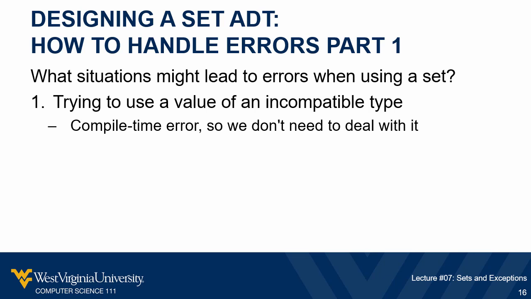This is a case where we don't actually have to do anything about it ourselves. This is going to be a compile time error because, assuming that we're using generics here, Java is going to see that a string is not the same thing as an integer, and it's going to cause an error when it goes to compile the code. So we don't have to write any code ourselves to deal with this.